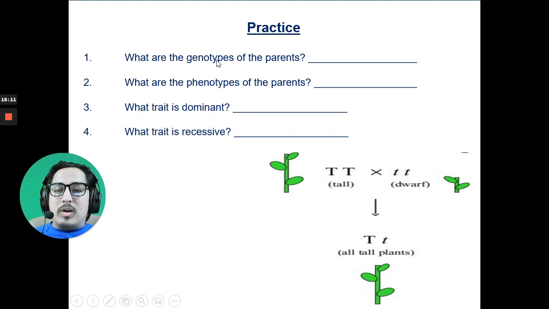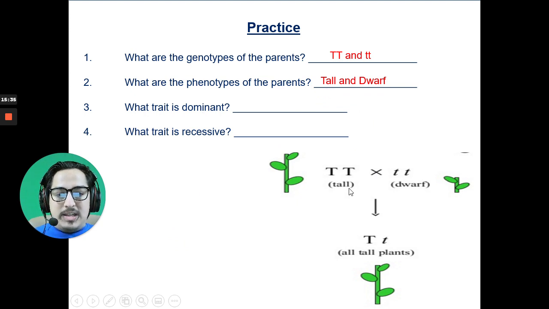So what are the genotypes? Remember, genotypes is letters. So you have a capital T and lowercase t, right? This is one parent, this is the other parent. Now, what are the phenotypes of the parents? So physically, how do they look? Well, this one is tall and this one is dwarf. Which one of those two is dominant? Which one is the stronger one?